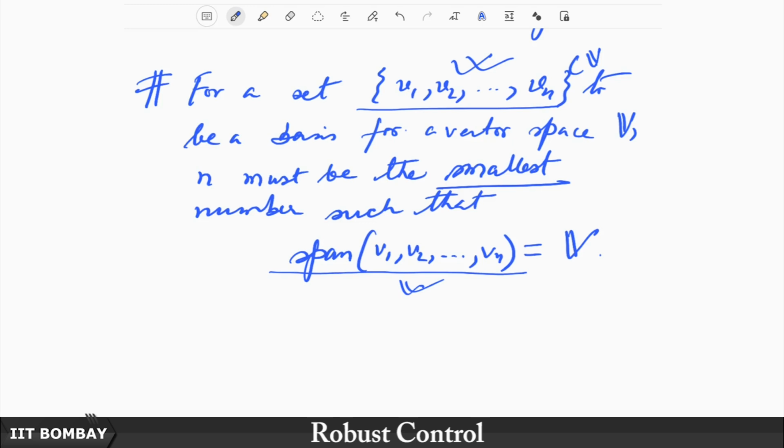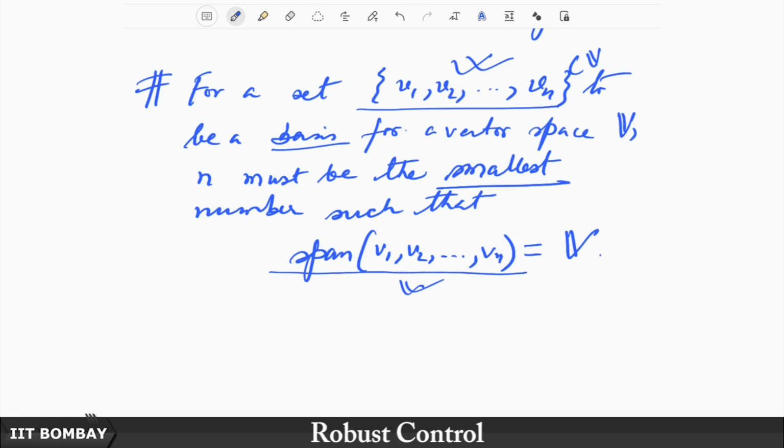I might be going a little fast with this because this is not a linear algebra course, but please make sure that you understand what objects are being spoken about here. So, we are saying that for a set each of whose elements come from the vector space V to be a basis, we must have that n. What is the n? The n is basically the dimension, no? So, n must be the smallest number such that this is a spanning set.